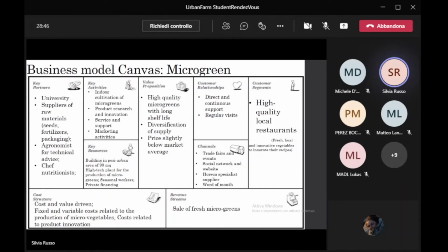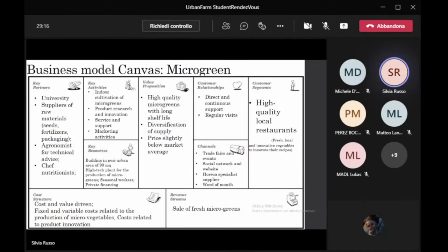I follow the order used by Osterwalder and Pigneur, and I start from customer segments. The customer segment of this company is high-quality local restaurants that need fresh, local, innovative vegetables to innovate daily recipes.